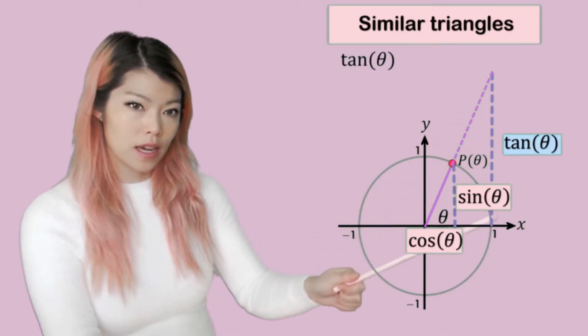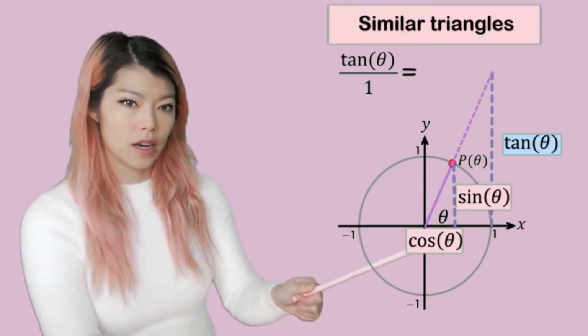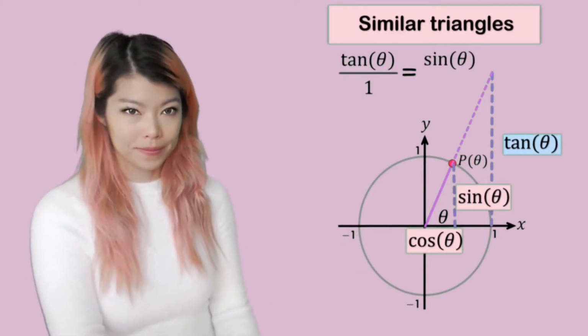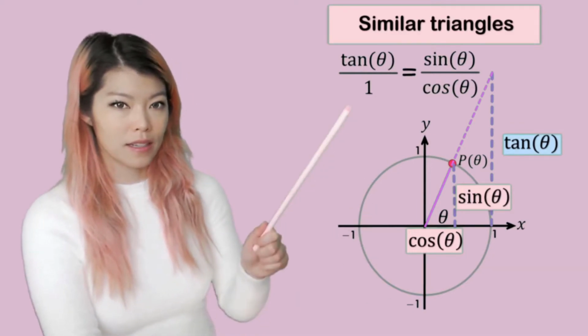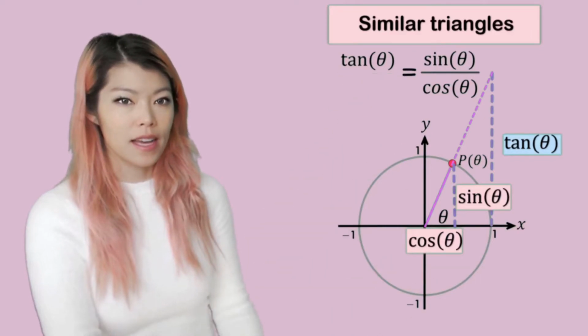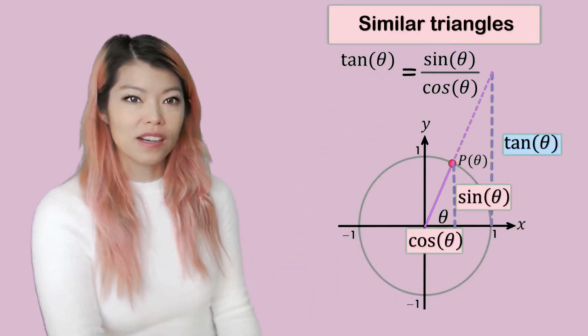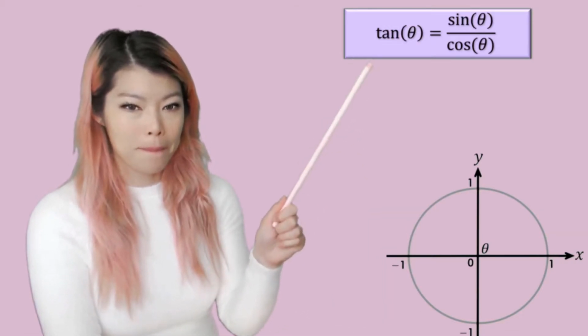So tan theta over 1 is equal to the vertical side sine theta over cos theta. So we can see from similar triangles that tan theta, getting rid of the 1 because tan theta over 1 is just tan theta, is sine over cos. So tan theta equals sine over cos. Memorize that.